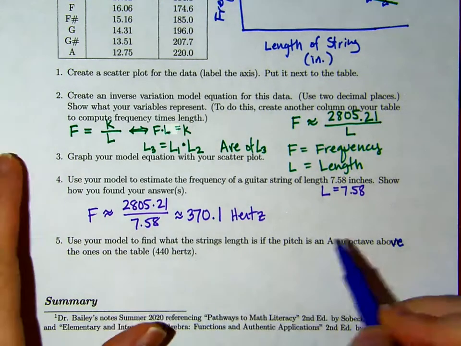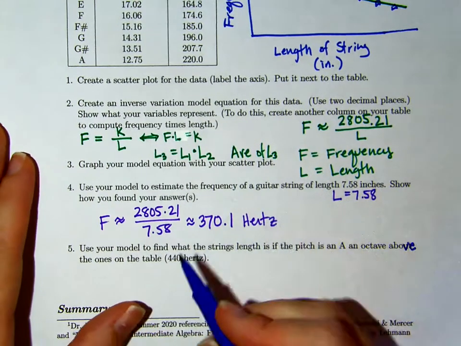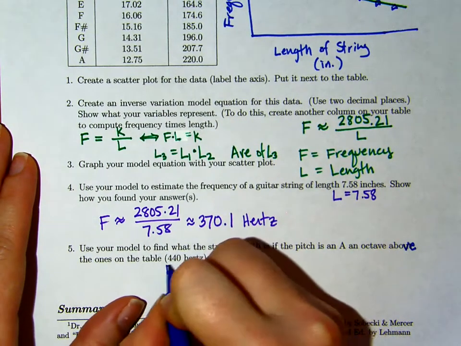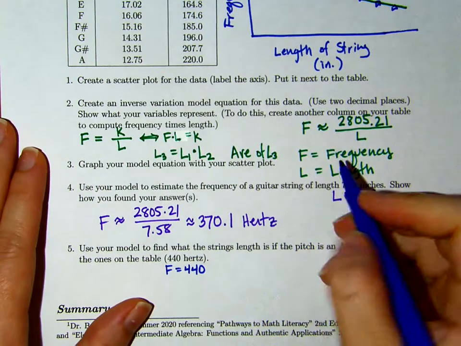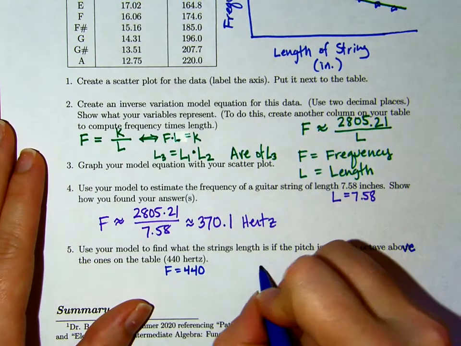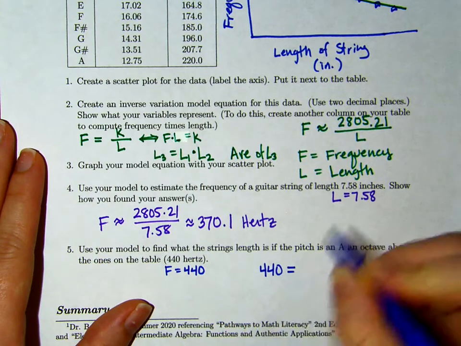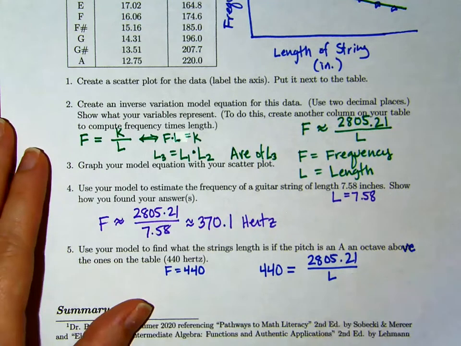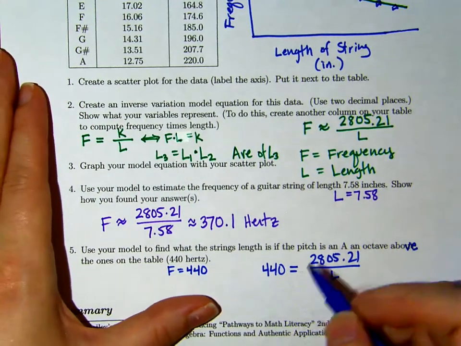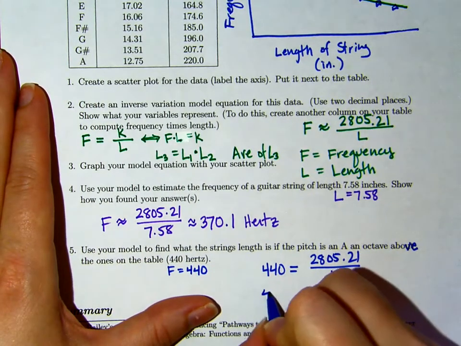And it tells us that that A has a frequency of 440. So in our model, the frequency 440 is equal to 2,805.21 divided by the length. I'm going to scale both sides up by L.